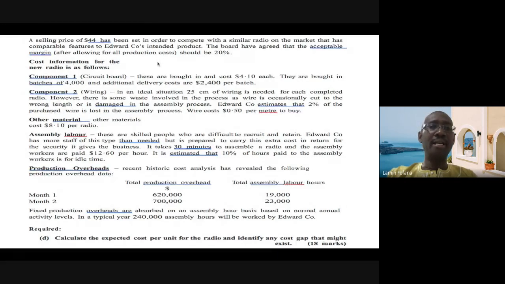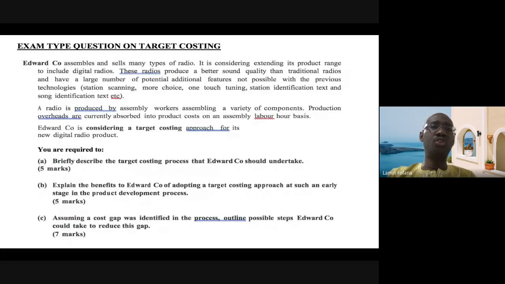So in order to answer the first part, go through, read the whole case, and then use the information in the question to answer your written part. First, you have to state that Edwards Limited needs to calculate its target cost.